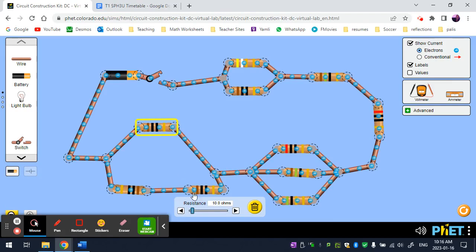How about this one? 10. This one, 20 or 15, doesn't matter as long as they are the same. How about this one? That's it? Yes. Okay, everyone, come on. Okay, all of them are correct.